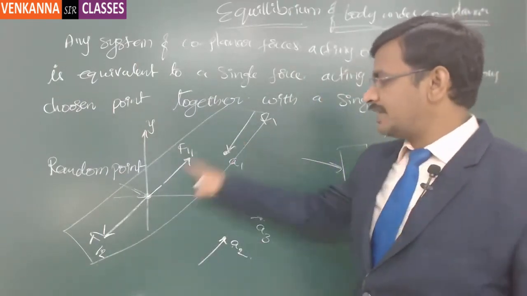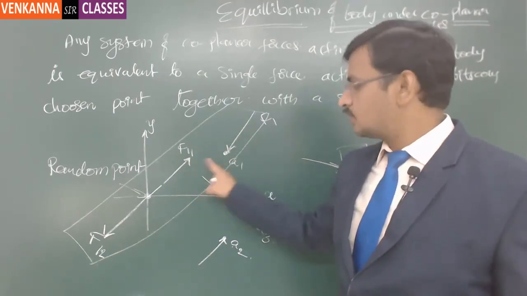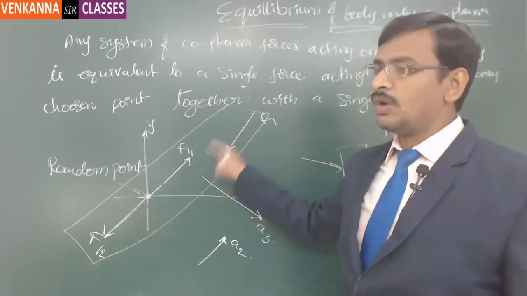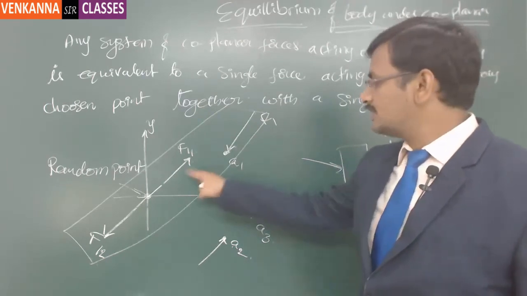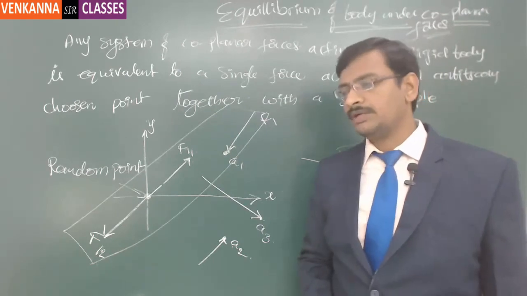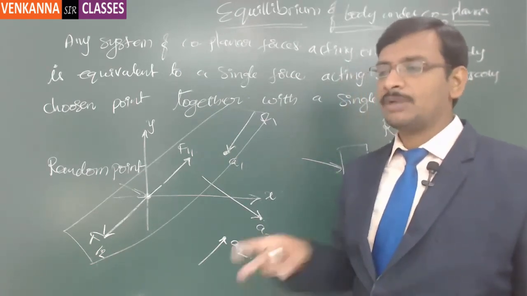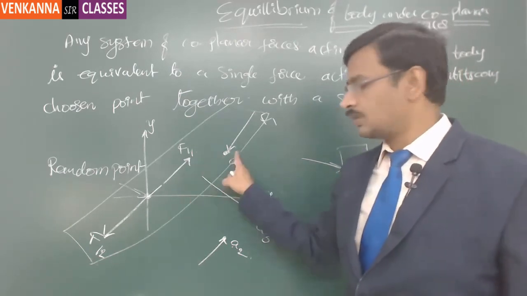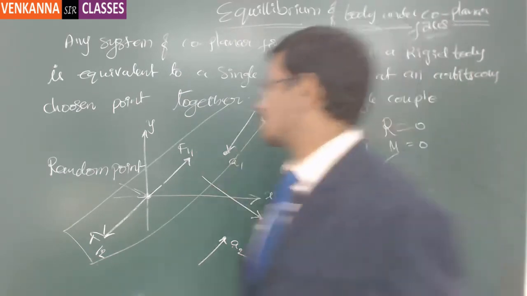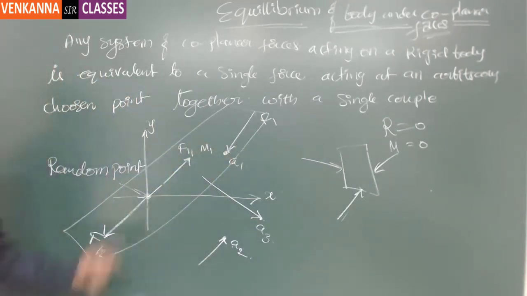F1 and F11 are of equal magnitude, parallel to each other, and one opposite to the other. Obviously these two will form a couple, right? That is the nature of a couple. So we proved that if two equal forces act in opposite directions, they can form a couple. I call this couple M1, along with a single force acting at this location, which is F12.